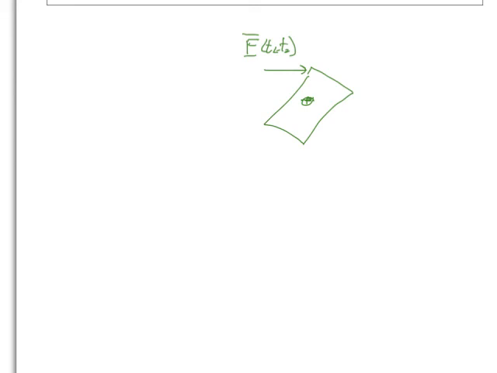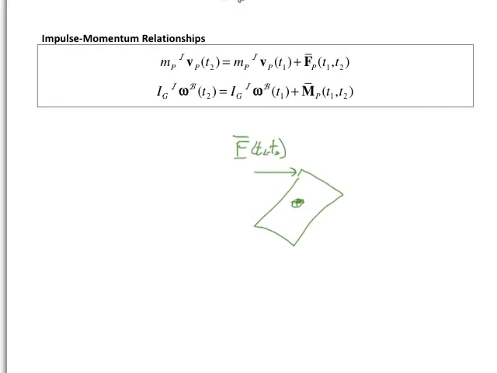So keep in mind that when we apply an impulsive moment, we need to use both of these impulse-momentum relationships, because we apply an impulsive moment using an impulsive force, which will naturally bring about a change in the linear or translational momentum.